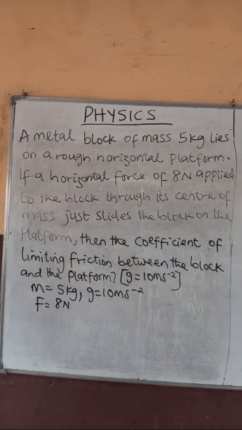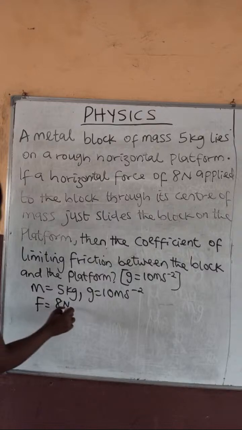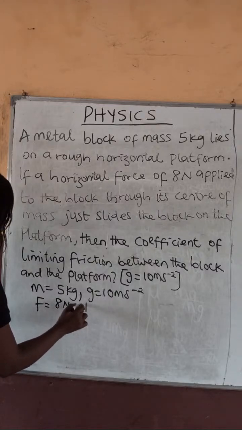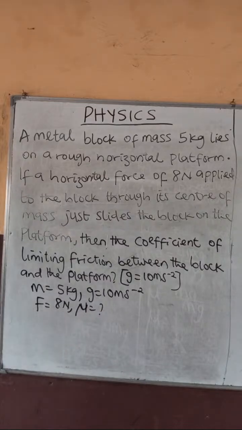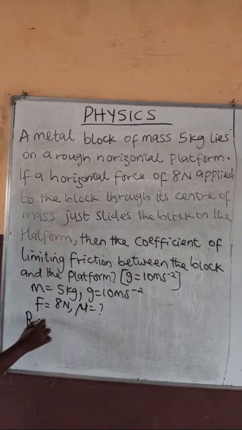Now for us to get mu, the coefficient of limiting friction, we are supposed to solve for reaction force. Reaction force is mass multiplied by acceleration due to gravity, so reaction force is equal to mg.